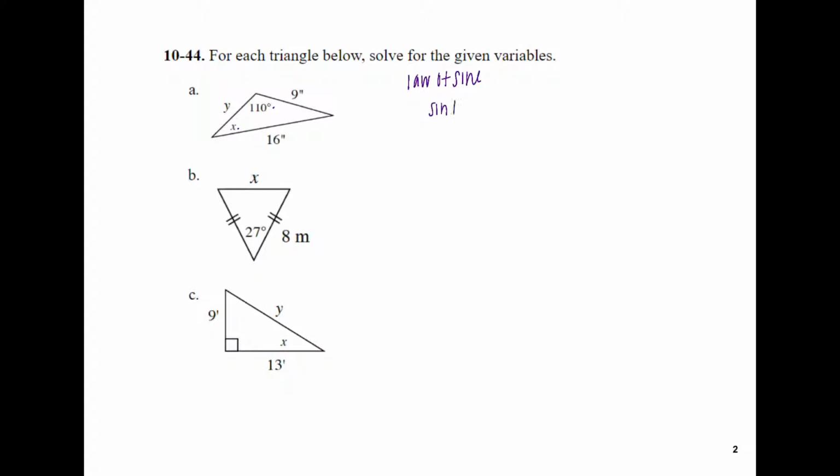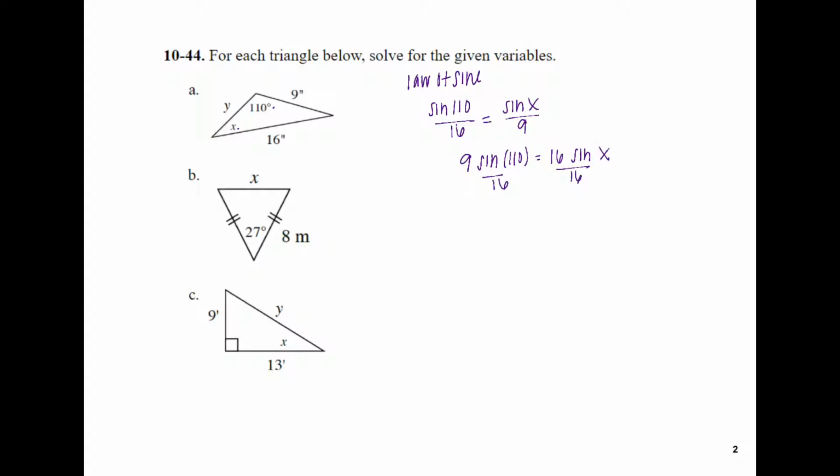So if we do the sine of 110 over 16, we can set that equal to the sine of x over 9. Cross multiply.